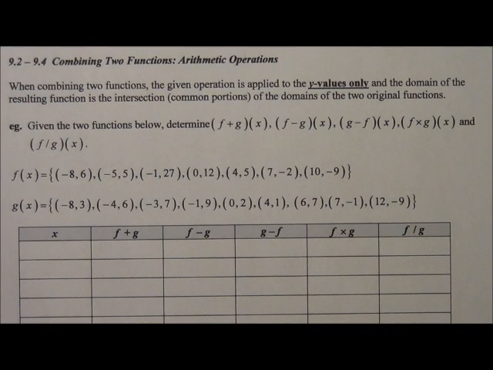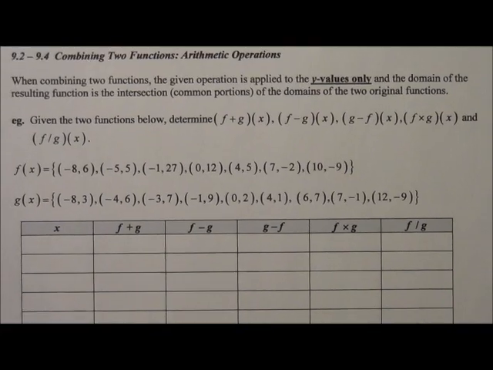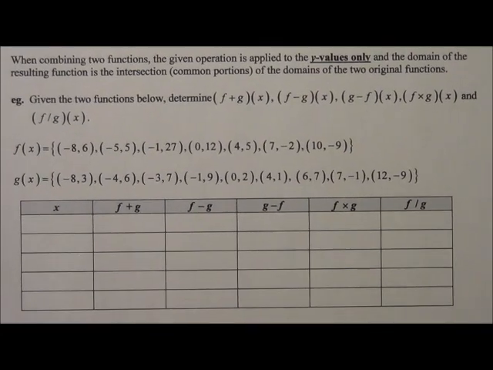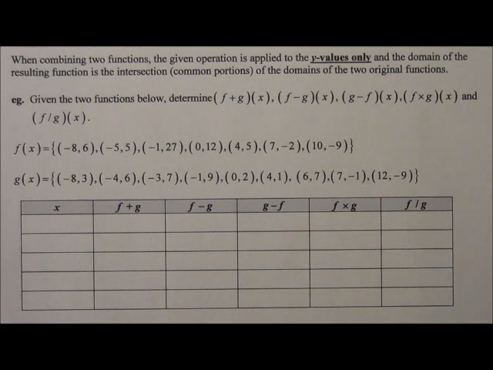But what we first have to do is identify the common domain, because we can't add or subtract or multiply or divide y values if the two x coordinates are not the same.